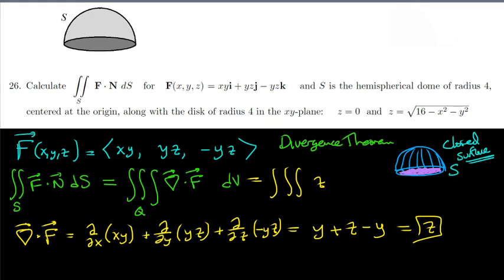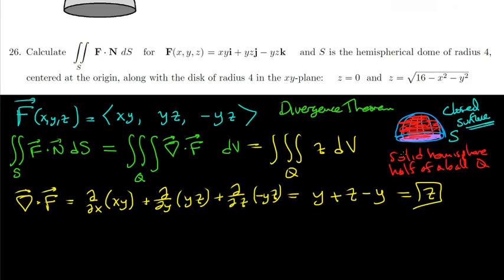By volume, we mean everything under the dome but above the xy plane, so everything inside here, the solid hemisphere, or if you want to think of it as half of a ball. So that's my Q.